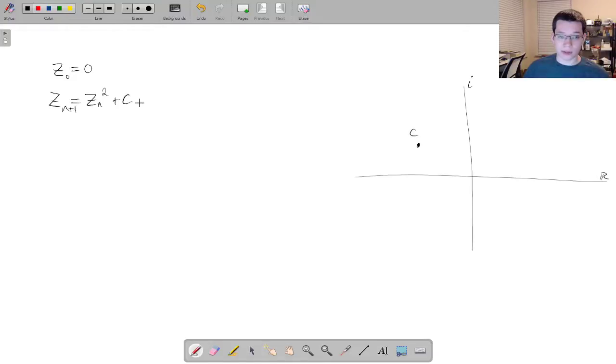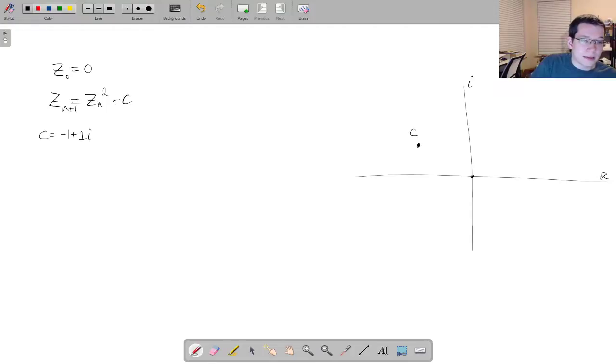Which is really not that hard to do. So if that's 0, suppose maybe c is equal to -1 plus 1i. Now I'm fairly certain that this is not going to converge, because realistically speaking, you got to be really close for it to actually converge. But the way they get the gradient is they measure how fast it does or doesn't converge, which is kind of nifty.